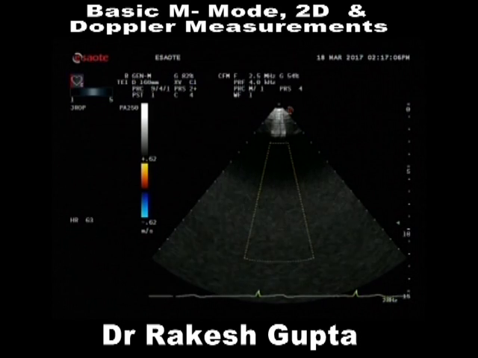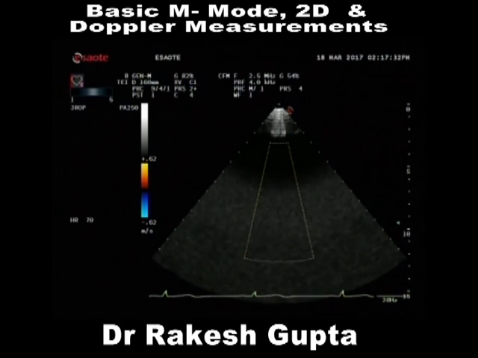As blood flows towards the transducer, it will show you red and yellow colors. If blood is flowing away from the transducer, it shows blue and then light blue or sky colors. What does this exactly mean? I am talking of colors now, not color probes.